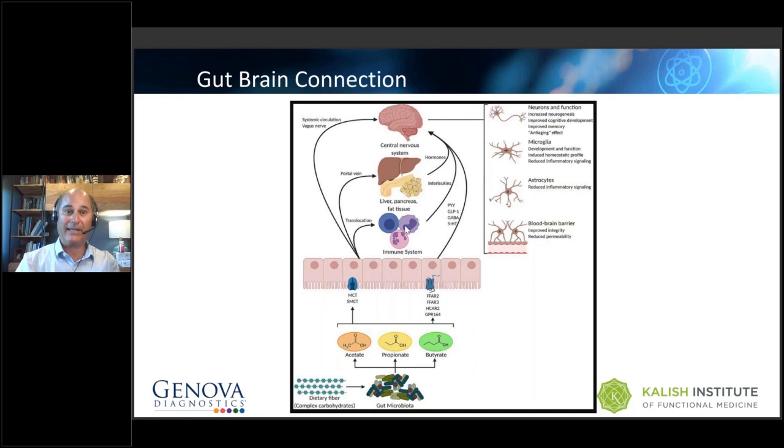There's the gut-brain connection that I alluded to a moment ago. And you just can't even believe that this stuff is true. When butyrate gets into your brain, it stimulates brain-derived neurotrophic factor to get brain cells to grow. You couldn't make that up even if you were just thinking about crazy things that could happen in the body. It's incredible.